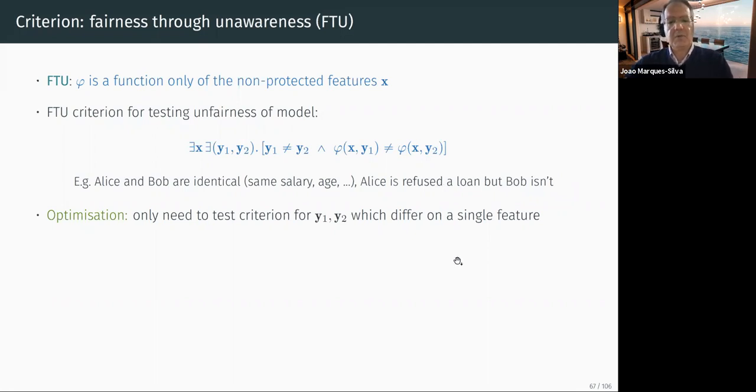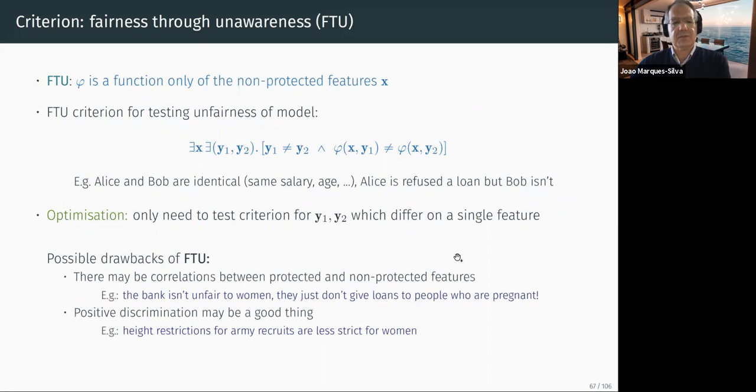Okay, we can do some optimizations. I'm not really going to talk about them. And of course, a lot of people have and will continue to criticize fairness through unawareness, FTU, because there are clear examples. So there might be correlations between protected and non-protected features. So for example, a bank might not be unfair to women, but they don't give loans to people that are pregnant. Simple example.